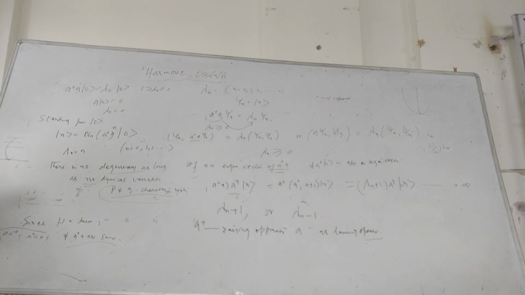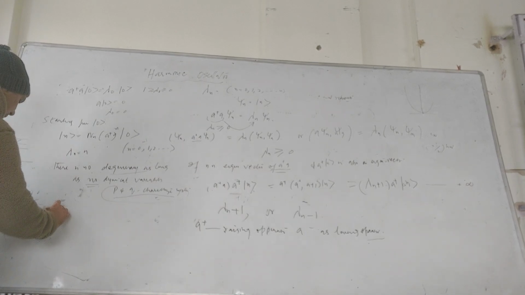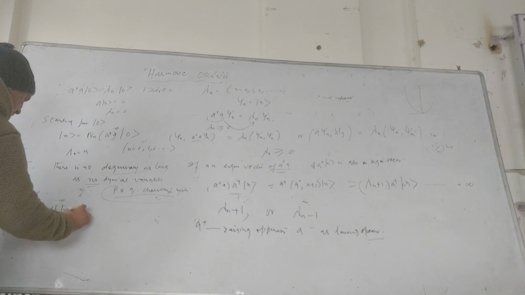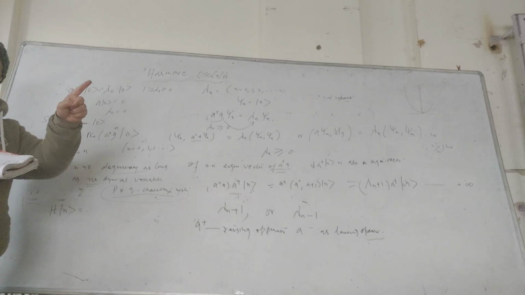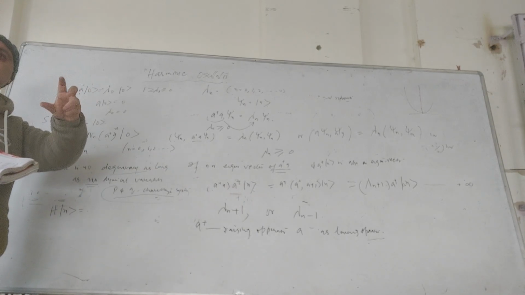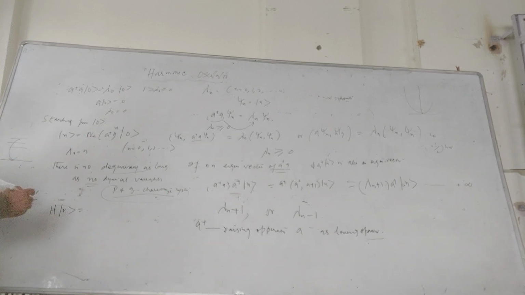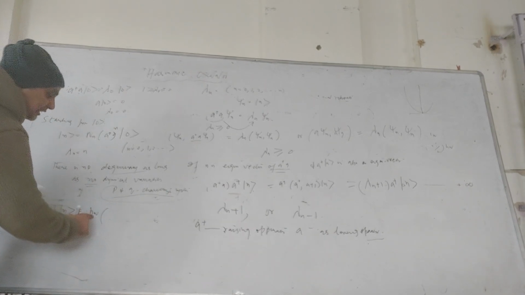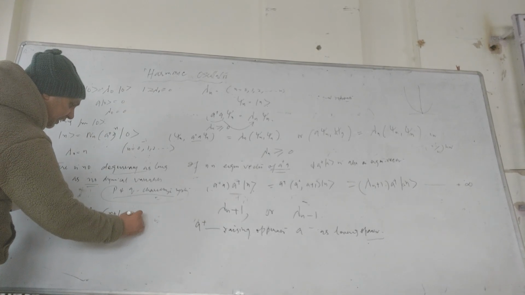So it's simple. Now how will we write this in general? The Hamiltonian H is acting on this state. What do we say at the end in the Schrödinger equation? H psi is equal to E psi. The Hamiltonian operator acting on this state will give us H omega, the energy state, n plus 1 by 2, n.